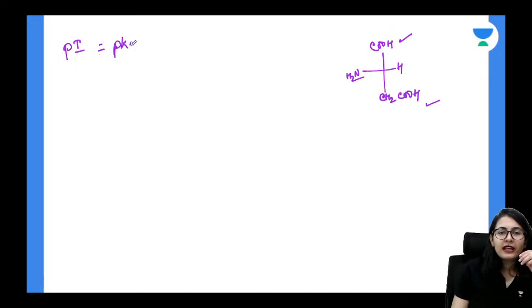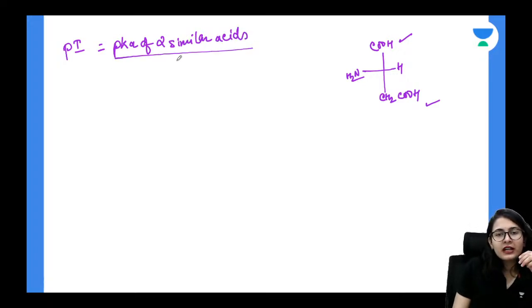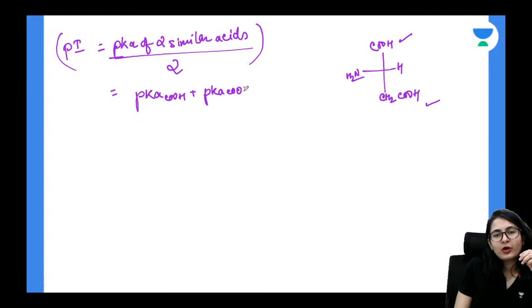The pKa of two similar acids, इन दोनों को करना है add, divide by 2. This is how you find the isoelectric pH. pKa of two similar acids. So first carboxylic acid plus pKa of second carboxylic acid whole divide by 2. This is for acidic side chain.